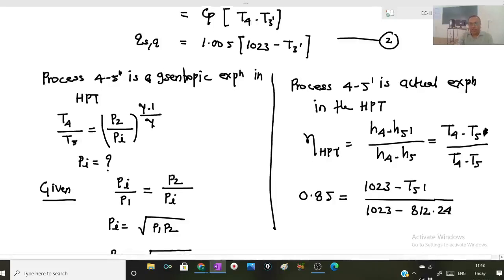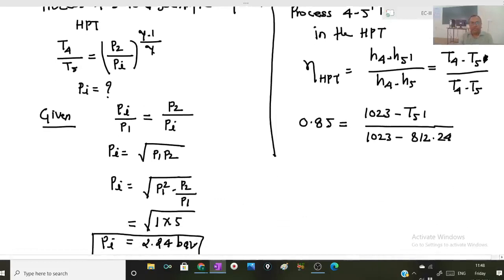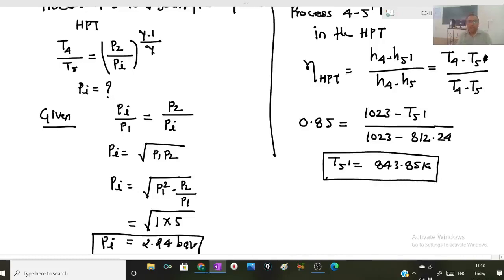So from here I will get the value of T5 dash is equal to 843.85 Kelvin. The temperature of the gases after expansion in the HPT.